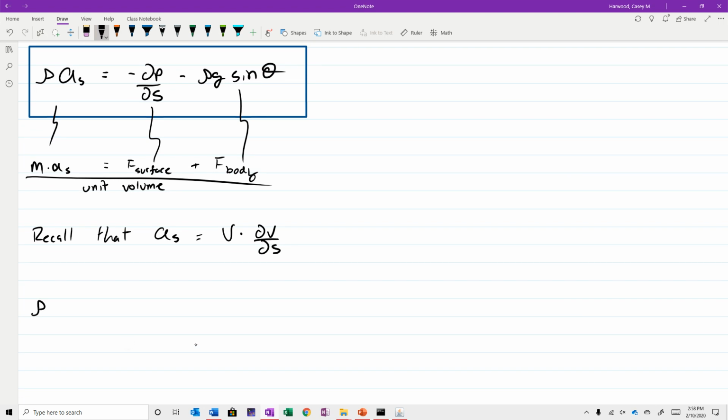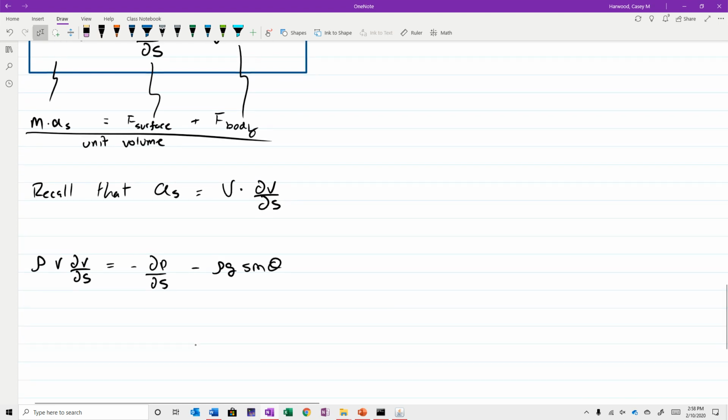So this turns into rho v dv ds is equal to negative dp ds minus rho g sine of theta. We want to do something about this sine of theta. What we're trying to do is get everything expressed as some derivative with respect to s, because once everything is a derivative on s, we can integrate on s, and we simplify our equation further.